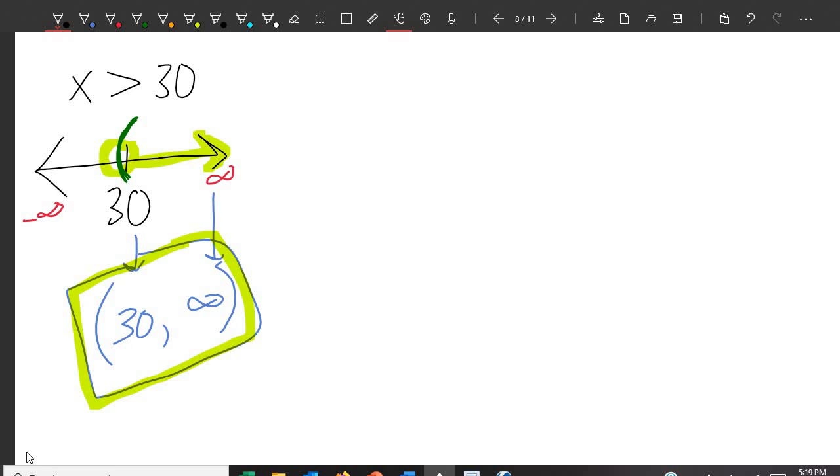Let's do, I don't know, let's do x is less than negative 6. Draw my negative 6. Put the negative infinity symbol, positive infinity symbol, and shade. This one is going less than, so it's going to the left, so we're going to shade to the left.